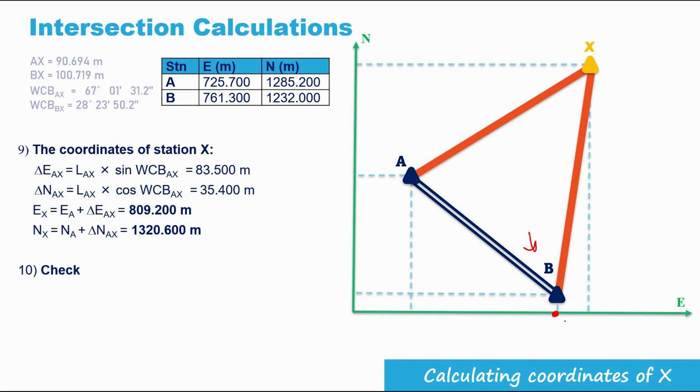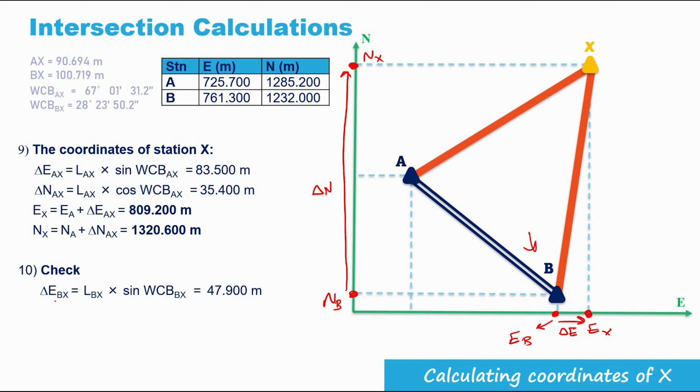So this is easting of B plus delta E between B and X. We will get easting of X. So, and this is northing of B. And this is delta N between B and X. And this is northing of X.